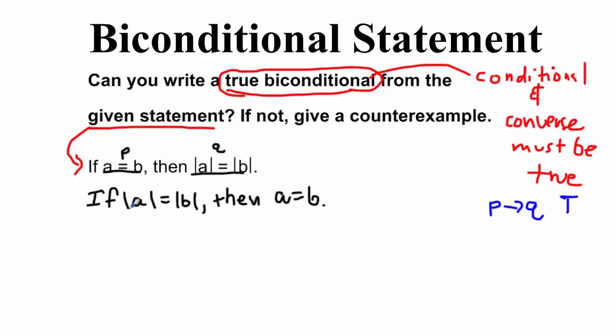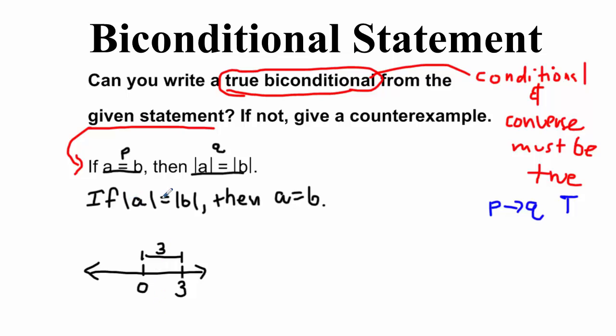If I take two numbers whose absolute values are the same, does that mean the two numbers have to be equal to each other? If I recall, the absolute value is the distance on a number line to 0. And I'm already thinking of a situation: if I look at the number 3 again, that distance to 0 is 3 units.